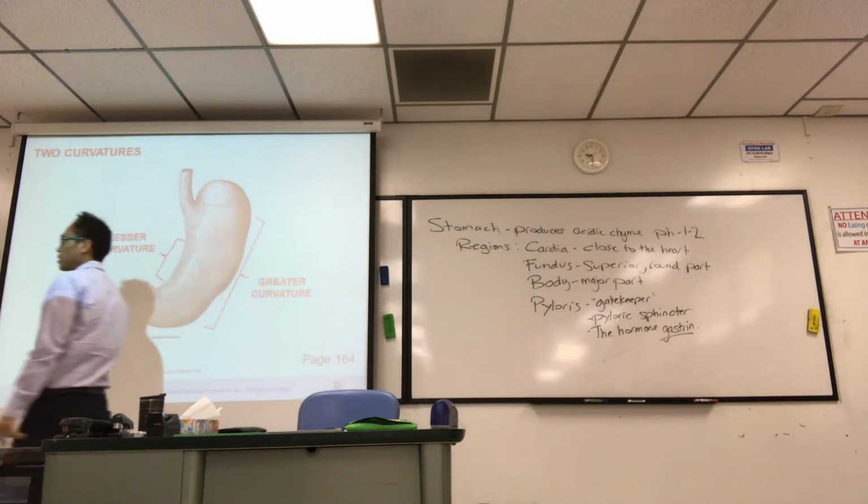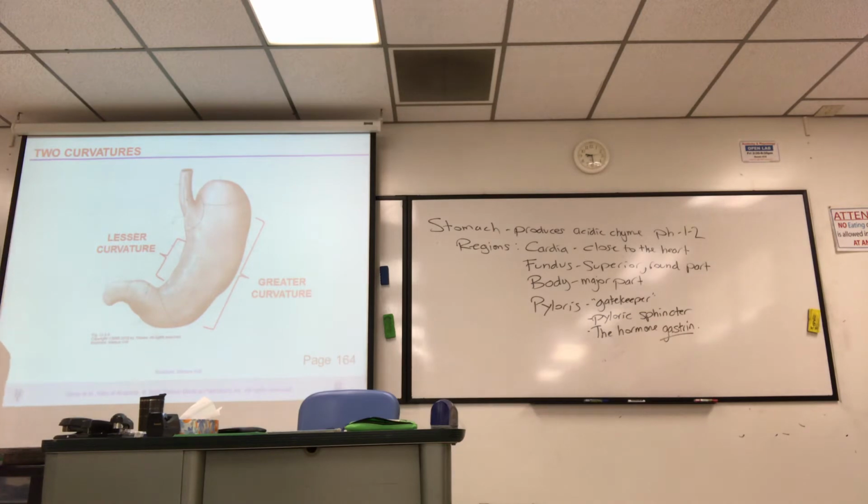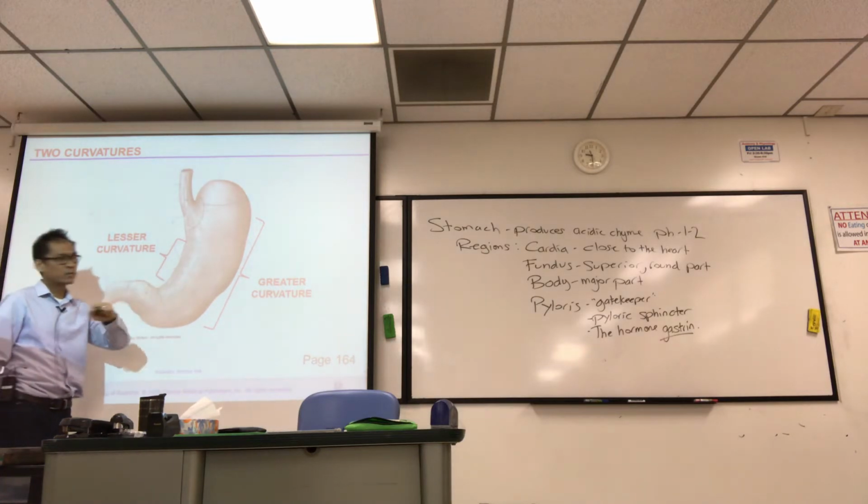Moving on with the anatomy, not only do you have these four regions, note the two curvatures. The lesser and the greater curvatures are named for the omentum that attach to them, or that's kind of the inverse. The omentum are named for the curvatures they attach to.